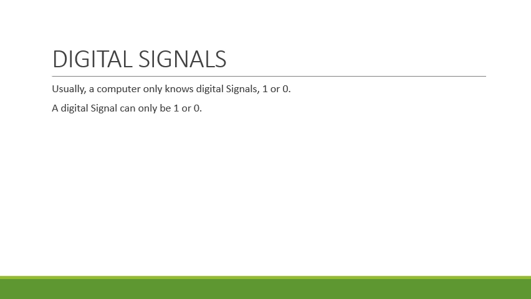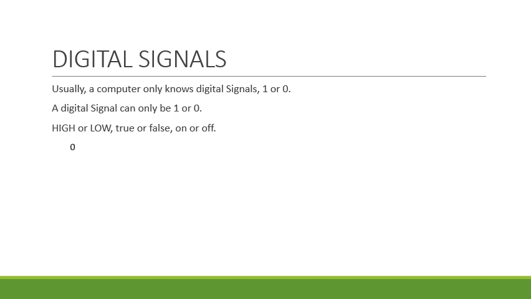So a digital signal can only be 1 or 0, high or low, true or false, on or off. It can be either of two values, high or low, which is equivalent to 1 or 0 on the computer.